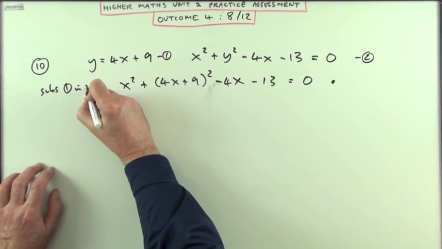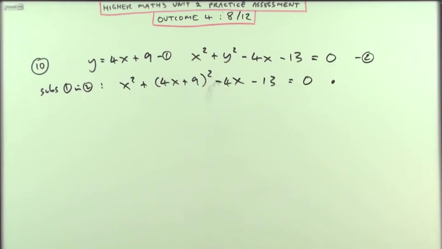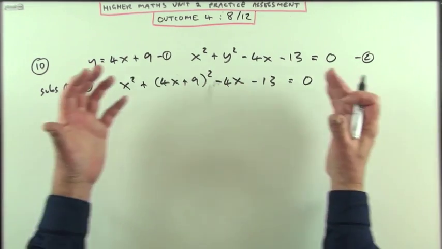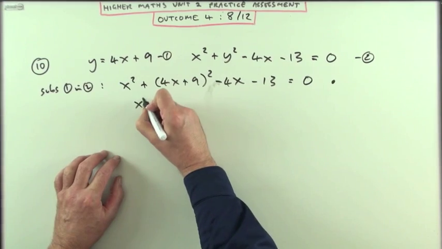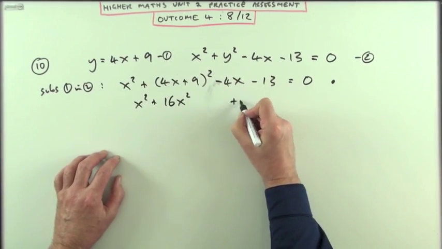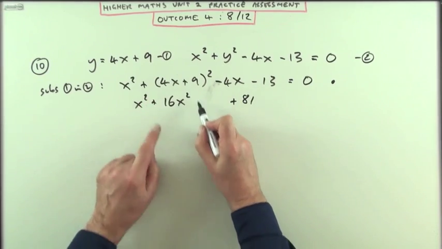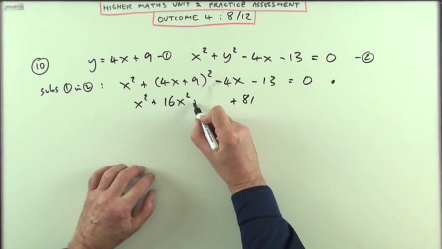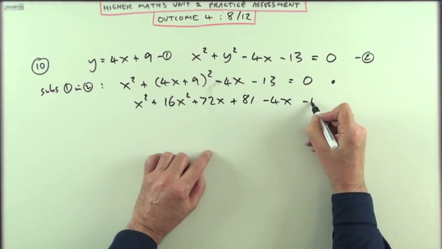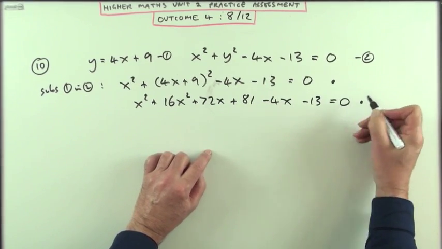Substitute 1 in 2. Next mark will be for expand that out in readiness to tidy it up. X squared plus, square the first, 16x squared, square the last, 81, twice the product being 36, doubled, 72. Minus a 4x, minus a 13 equals 0.